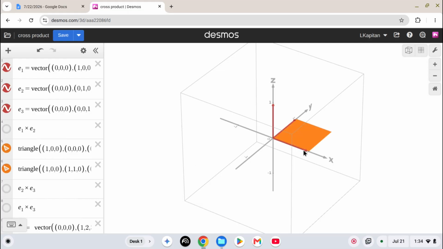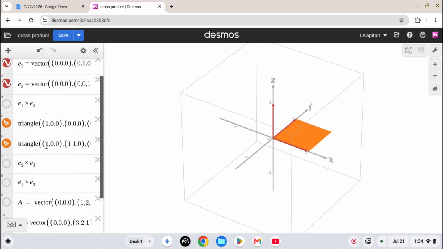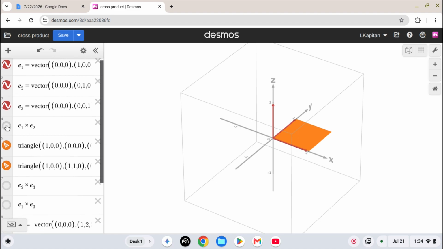You get this oriented plane called a bivector, and you see that the edges are 1. So the area of this bivector is 1. And it's a positive direction, which means that what you're thinking of is sticks out, which happens to be exactly the same thing as E1 cross E2. Do you see that change colors?